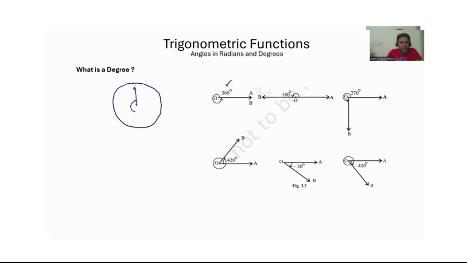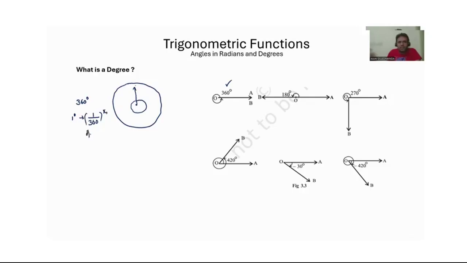If this minute hand rotates fully, in the clockwise direction, and it has made a full rotation, then we say 360 degrees. Then what is 1 degree? 1 degree is nothing but 1 by 360th of a rotation. Can I say that?